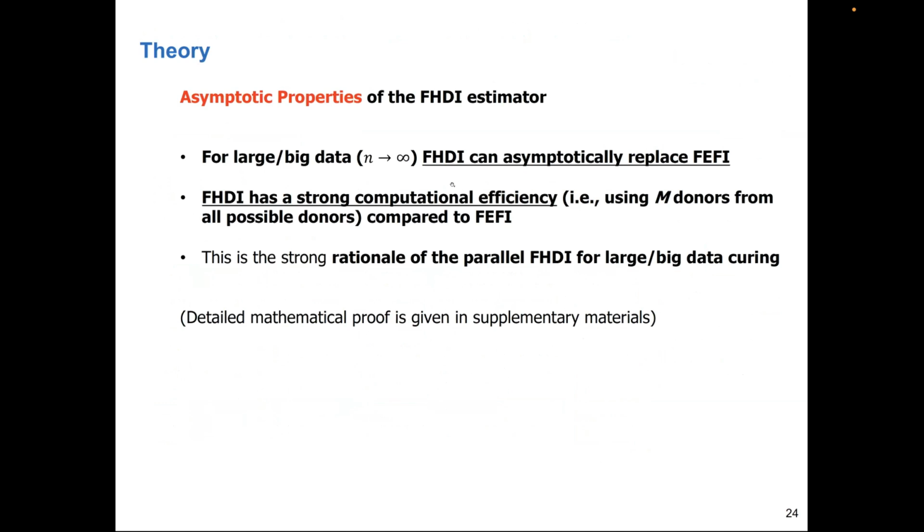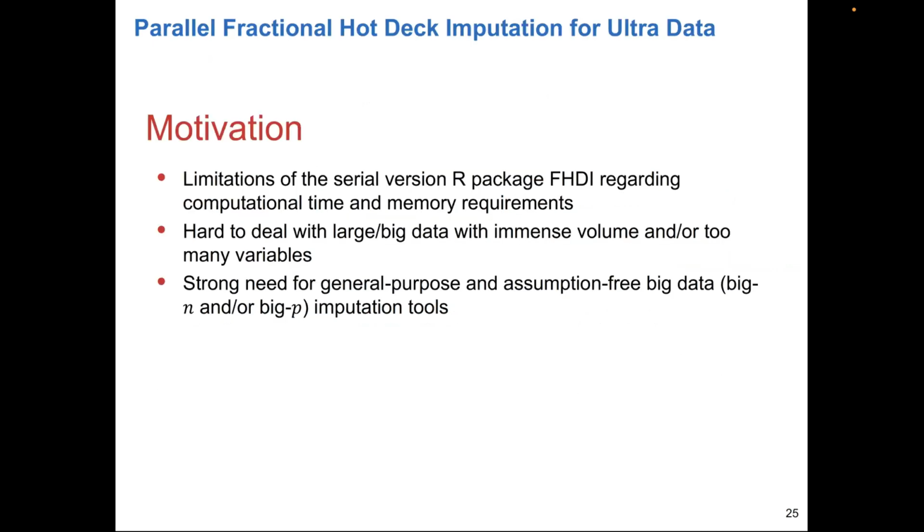Although FHDI uses only M donors, as the data size increases, FHDI can asymptotically replace fully efficient imputation. It's a very good asymptotic property, because when we deal with large data or big data, we can cure in a very robust way.